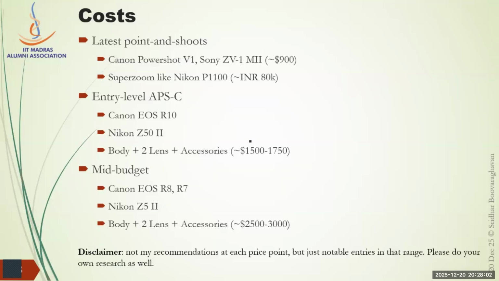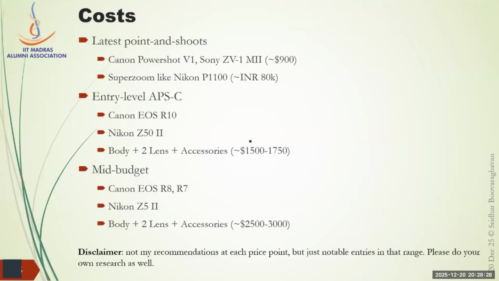So if you take a point and shoot camera, cameras like the PowerShot V1 or Sony ZV-1 Mark II are around $900. Or you could have something like Padma Priya does, the Super Zoom P1100, which I think goes from 25 to 3000 millimeters.